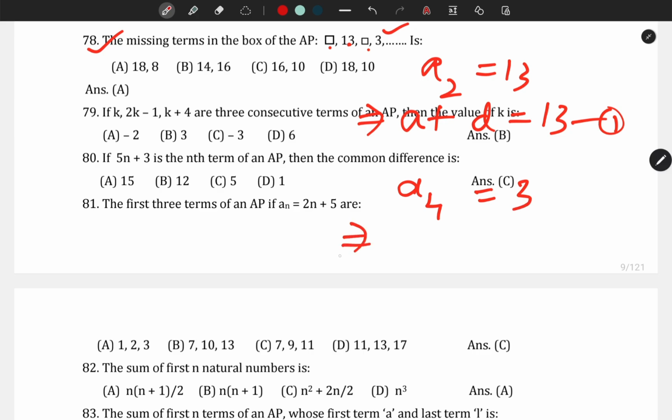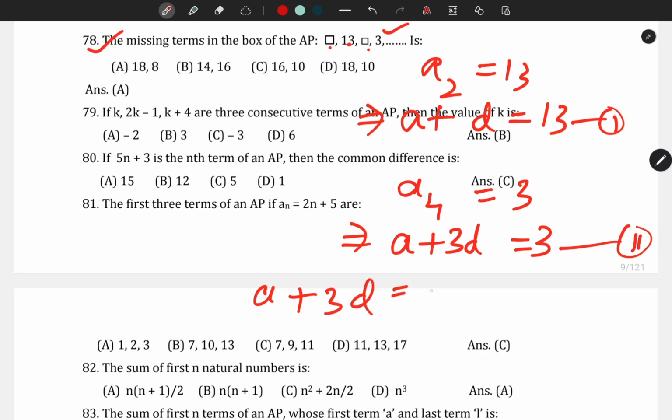And the fourth term will be a plus 3d equals 3, equation 2. Now we can solve these equations by the elimination method. Subtracting equation 1 from 2: equation 2 is a plus 3d equals 3, and equation 1 is a plus d equals 13.